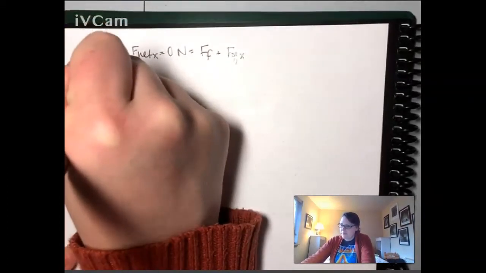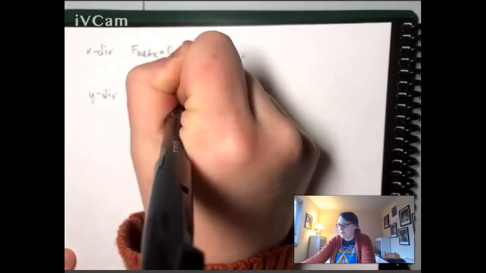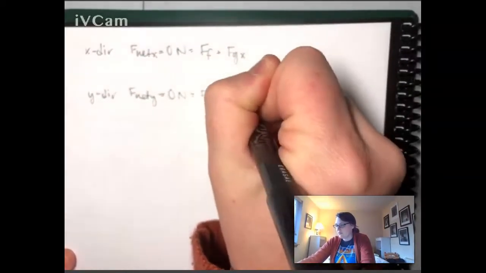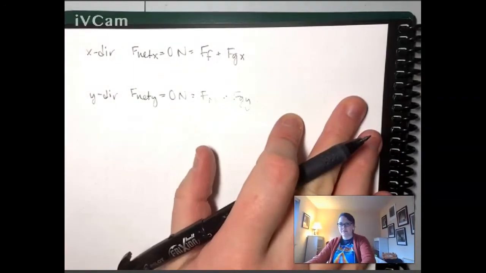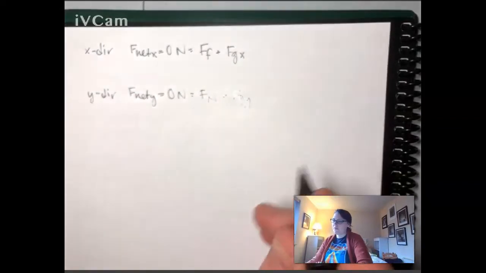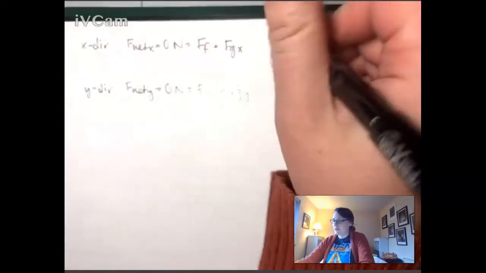In the y direction, my net force is also equal to 0, and I've got my normal force plus my force of gravity in the y direction. I'm starting with my big global definitions or equations here, because then we're going to work our way down. We've got a few other things we need to bring in here before we complete this.